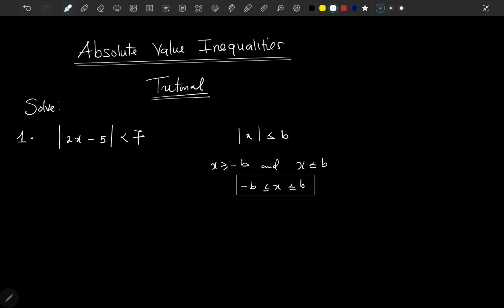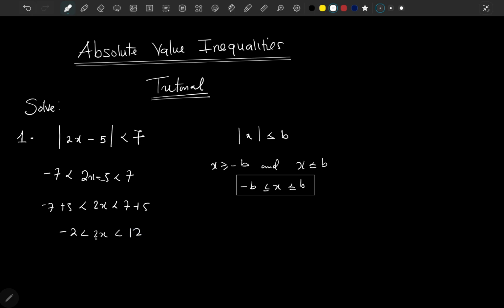Coming to this, it means our solution to 2x minus 5 lies between 7 and negative 7. Step 1, take the negative 5 to the other side. Negative 7 plus 5 gives negative 2, with 2x remaining. On the other side, 7 plus 5 gives 12.